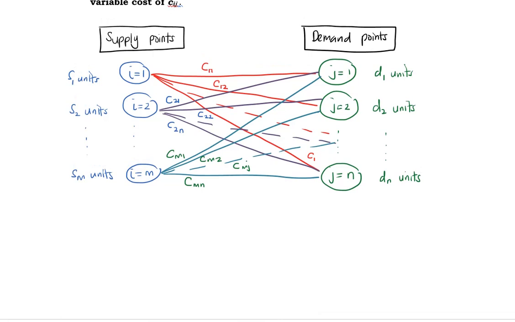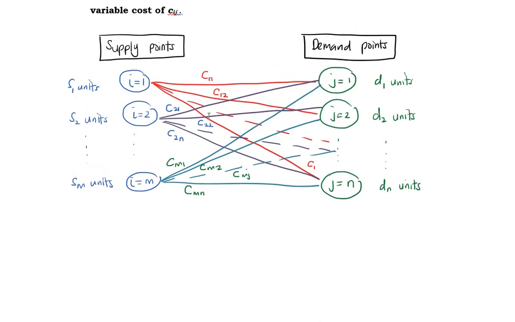From this figure, the variables involved are x11, x12, x13, until x1n.